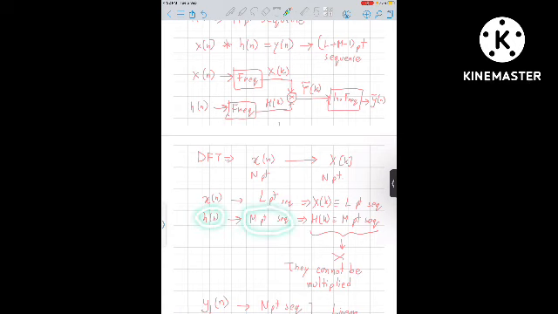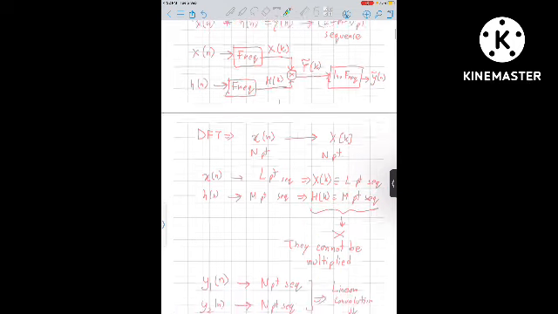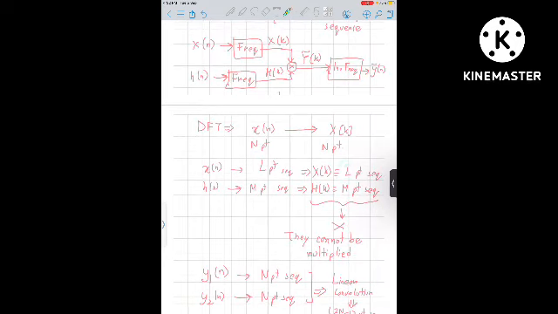Similarly, their transforms X[k] will be an L-point sequence and H[k] an M-point sequence. Since these are different point sequences, they cannot be multiplied.